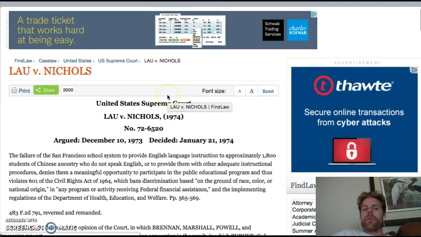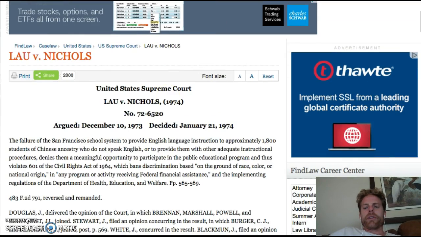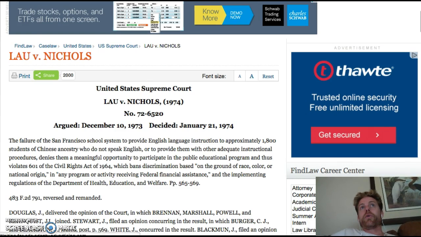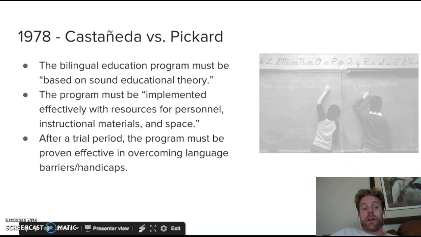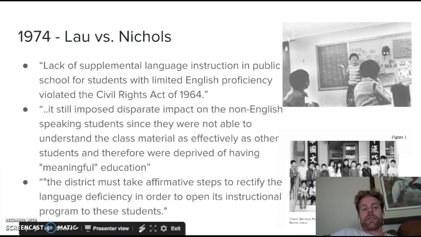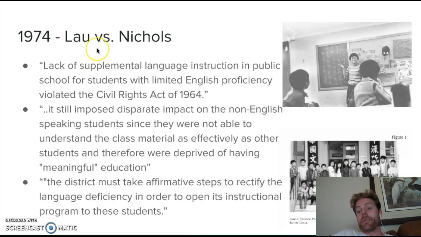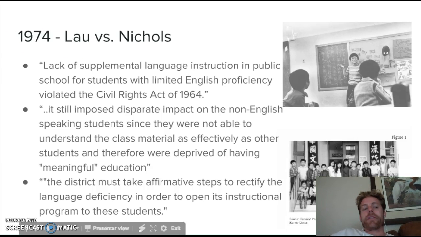One interesting thing about the Lau versus Nichols, when you're in kind of district work or even at school level, every single school must have a plan developed for how they're going to service their English language learners, and it's most commonly referred to as a Lau plan. So what they're going to do, how they're going to assess it, and this was definitely specified again in No Child Left Behind, but every single school or every single district needs to have a plan in mind.